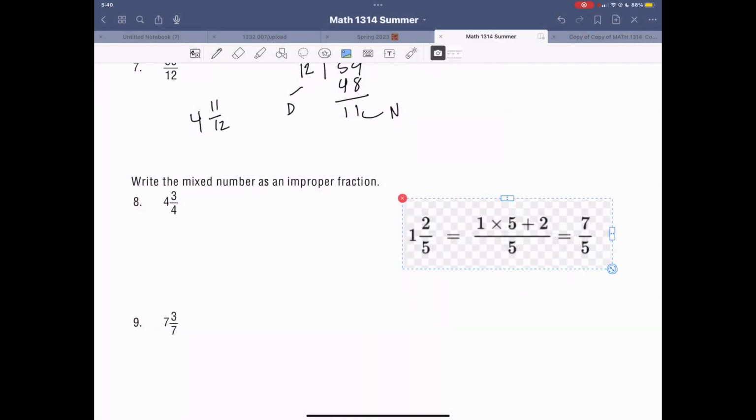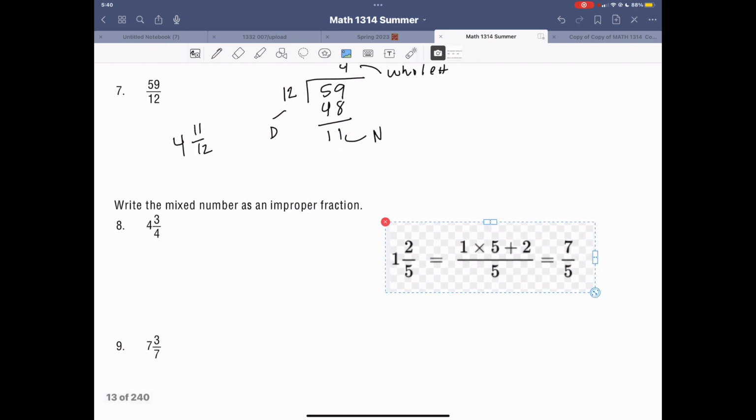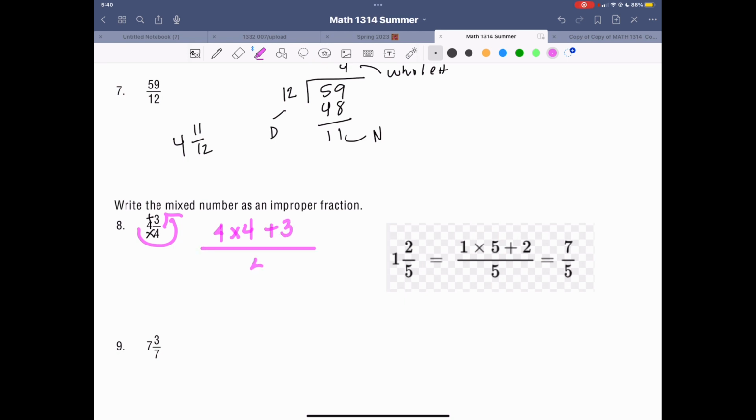Now, going from a mixed number to an improper fraction, the way we do this is you multiply the whole number times the denominator, and then add the numerator. So it kind of goes in a circle. So it's 4 times 4 plus 3, and then you keep the denominator, which is 4. In this case, I get 19 over 4.